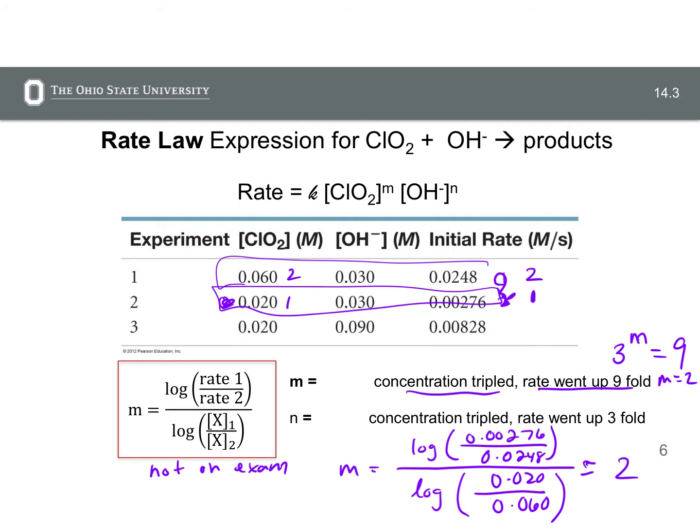If we triple the concentration and the rate went up 3-fold, well, that's an n. What does n have to be? 3 to the what equals 3? 1.